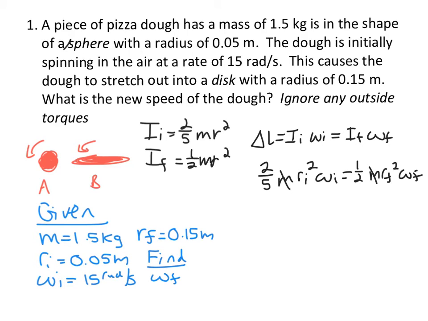Mass cancels out, it's on both sides. And then my only unknown here is omega final. So 2/5 initial radius squared, omega initial, over 1/2 of my final radius squared equals omega final.